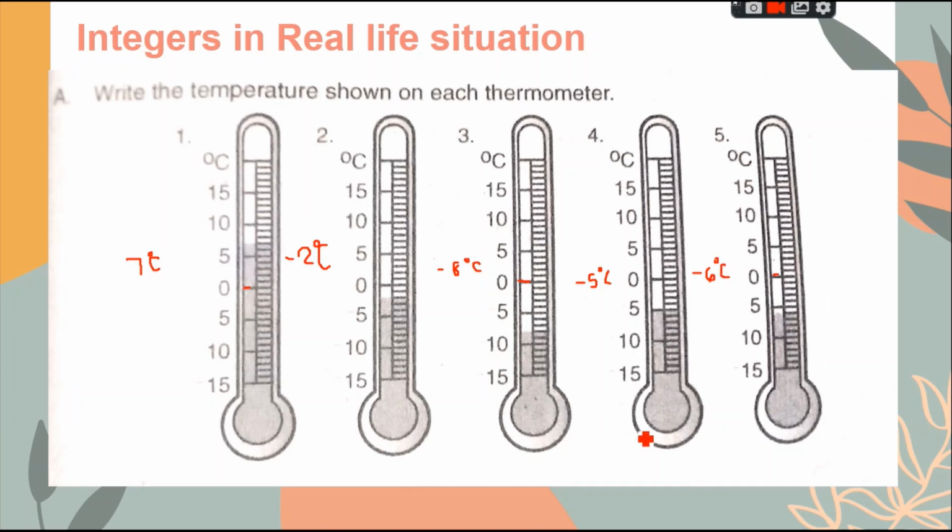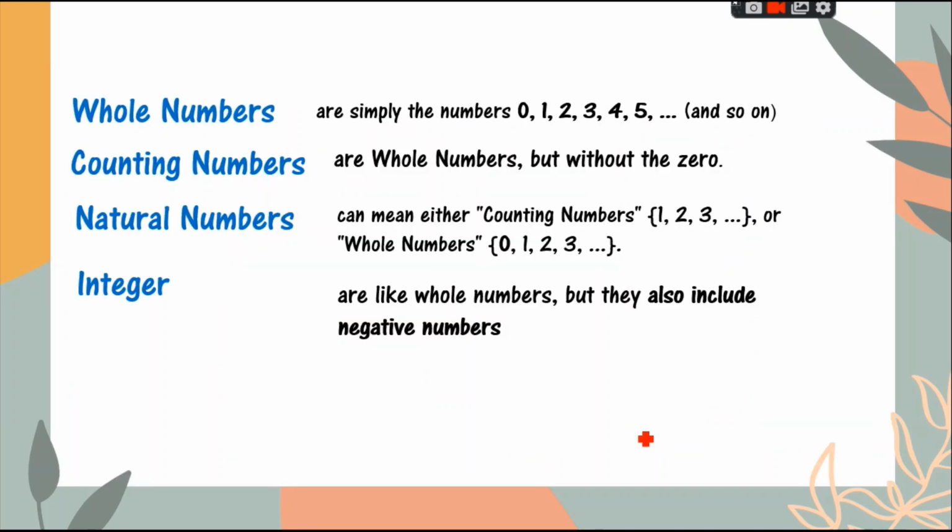Okay, so actually we can see integers in real life situations. Here are just some of the examples wherein we use negative and positive numbers, or shall we say signed numbers. Now let us recap the things that we have discussed for today. Whole numbers are simply numbers that include 0, such as 0, 1, 2, 3, 4, 5, and so on.